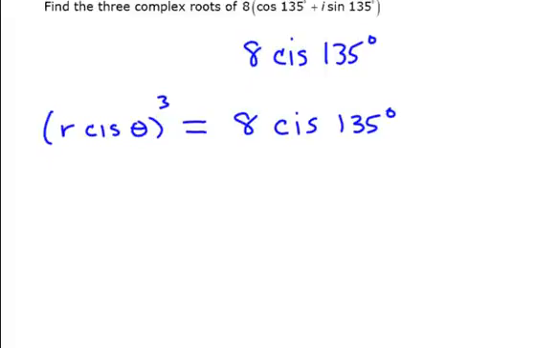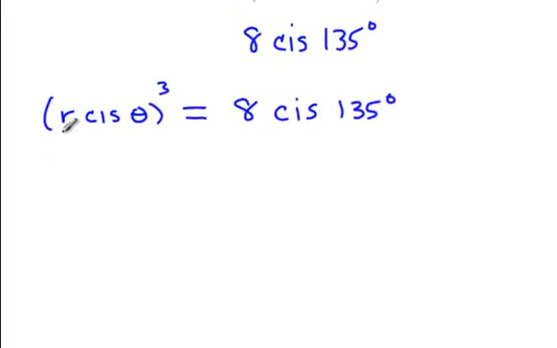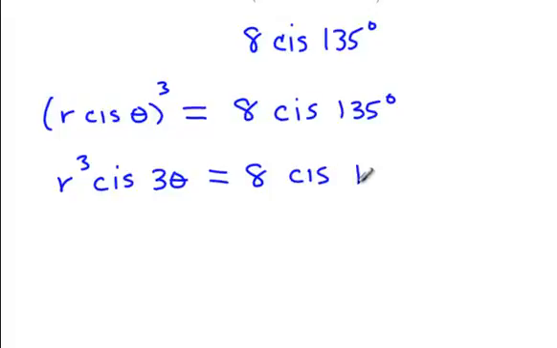Well, now this is where de Moivre's theorem kicks in on the left-hand side. R cis theta cubed would be r cubed cis 3 theta, and that must equal 8 cis 135. So what's this imply? It implies that r cubed must be the same thing as 8.